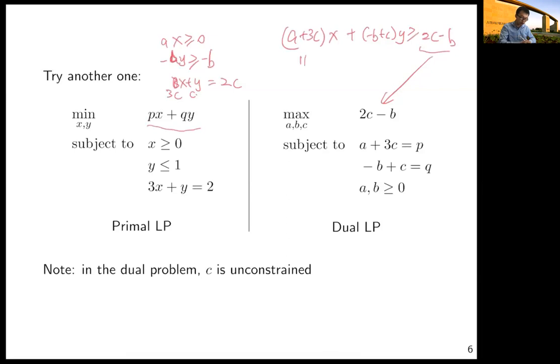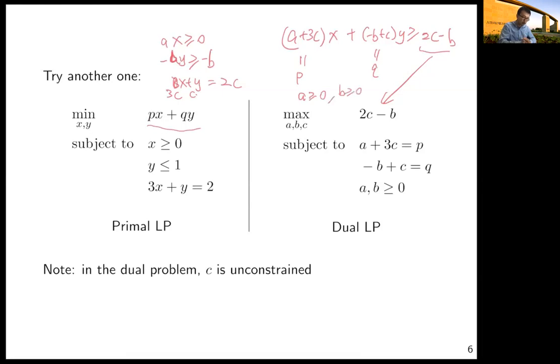Therefore, that gives us the constraints a plus 3c equals to p and minus b plus c equals to q. In addition, there are additional conditions that we need so that the direction of these inequalities are not toggled, right? So we require the additional conditions that a is larger than 0 and b is larger than 0.